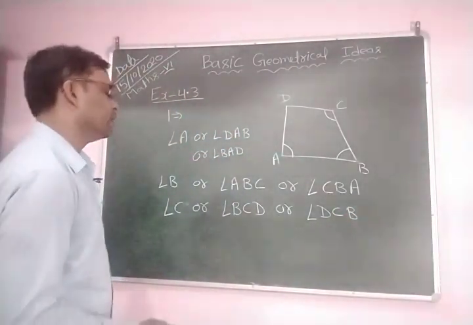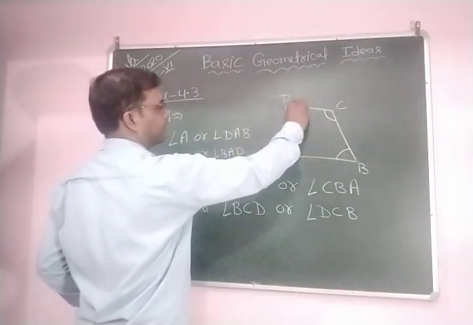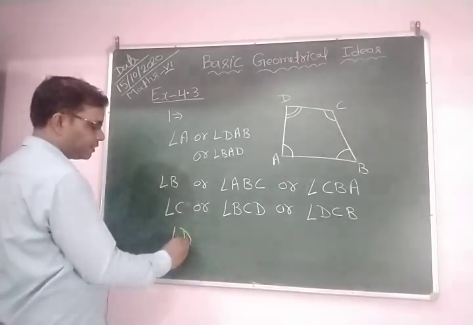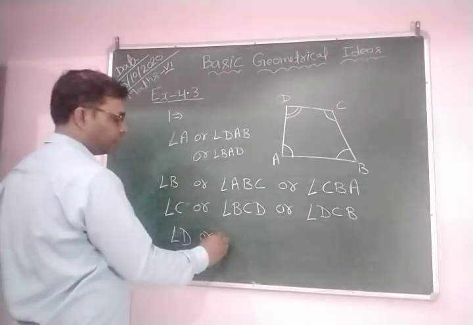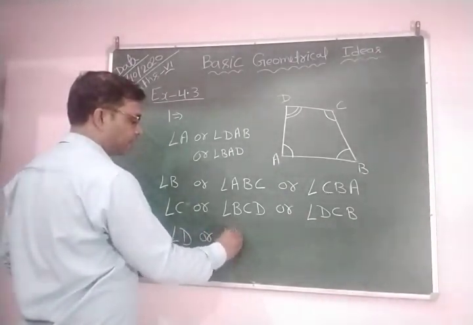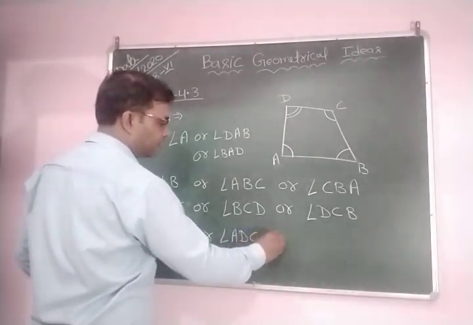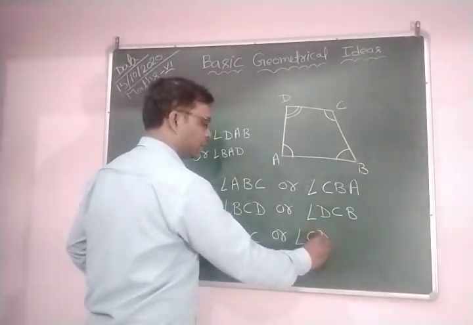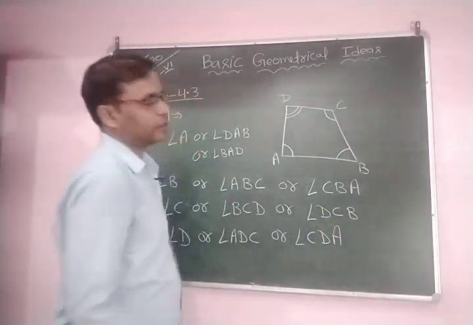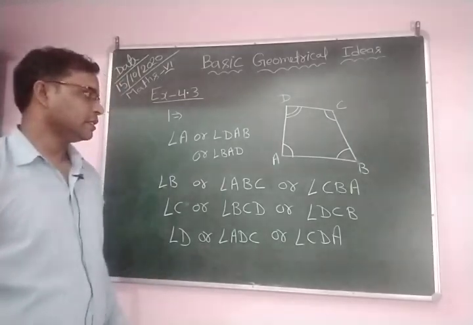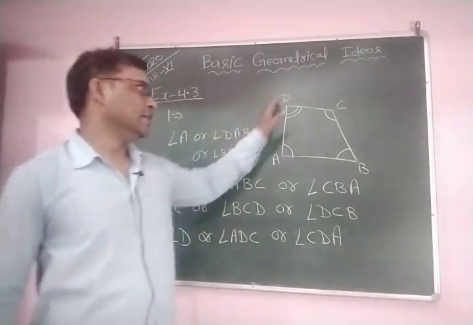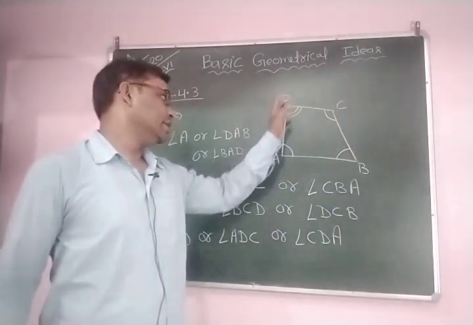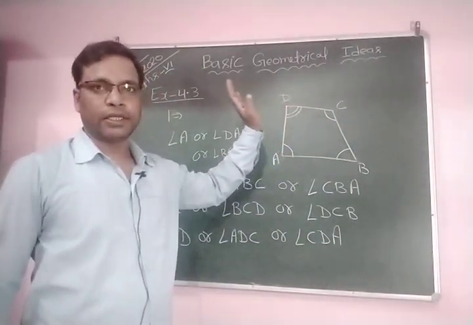Now the next angle is D. Here, this angle. So simply you can write angle D, or you can say angle ADC, or angle CDA. You can say angle ADC or angle CDA or simply angle D.